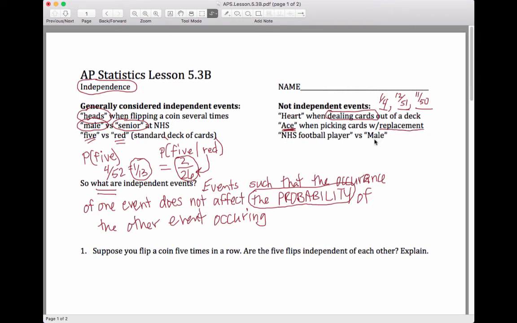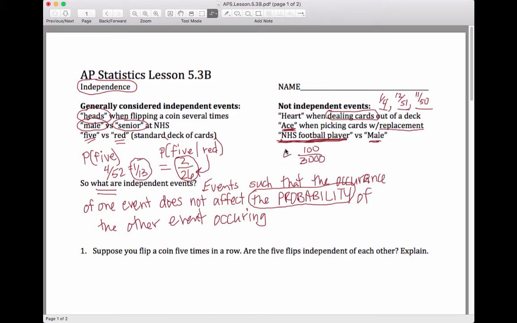How about football player and male? That's an example from high school. What's the probability that a Noblesville High School student is a football player? Well, I don't have any idea. Let's just, for the sake of argument, say there's 100 football players out of 3,000 students. I'm just kind of rounding off to make that easy.